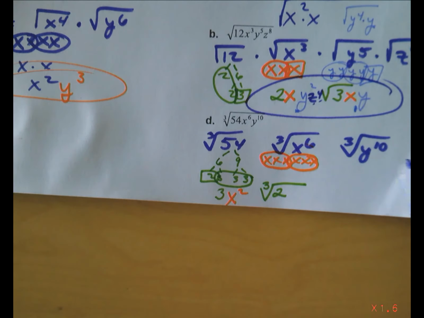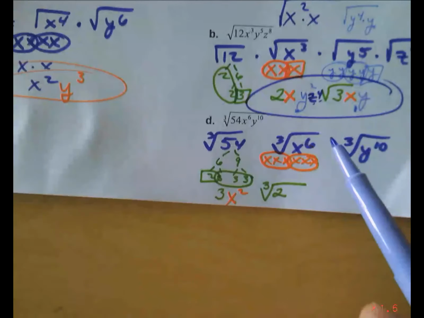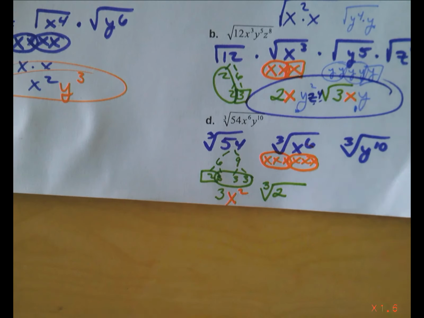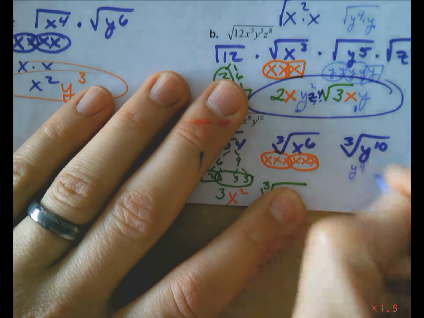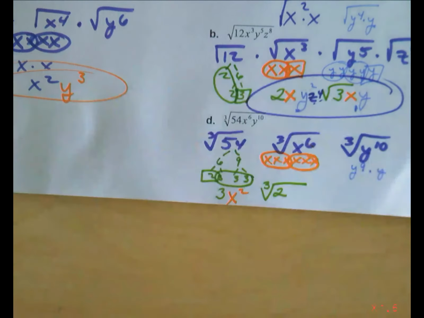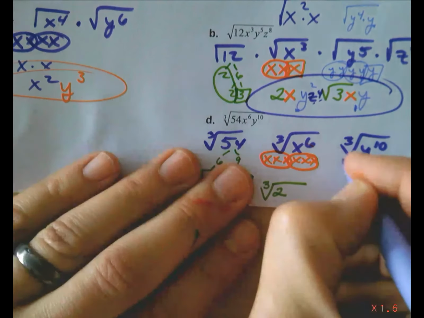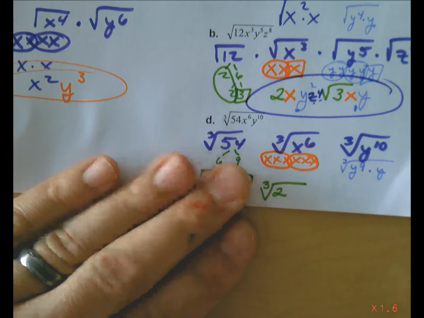Last one. We got y to the 10th, and we got the cube root of that. Now, 10 does not divide nicely by 3. But there is a number that's underneath 10, that's less than 10, that does divide nicely by 3. What is it? 9? So this is like y to the 9th and y. Okay, so we take that cube root of y to the 9th.